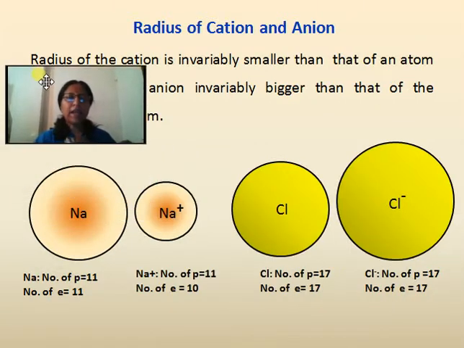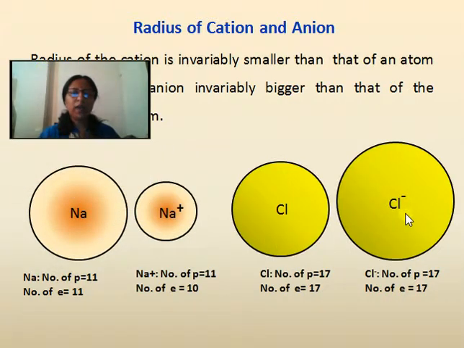And in the case of chlorine to chloride minus, you see, chlorine has atomic number 17, so the number of protons in the nucleus is 17 and the number of electrons also is 17. And when Cl minus is formed, one more electron is present.